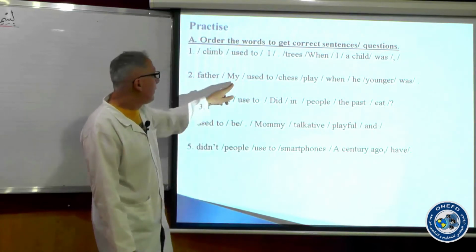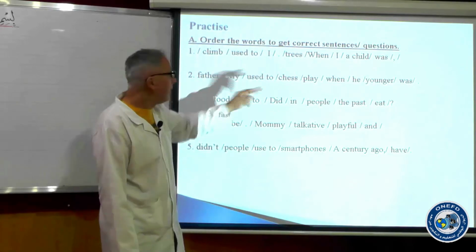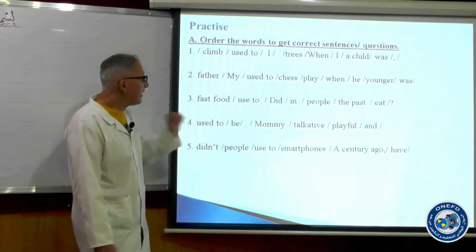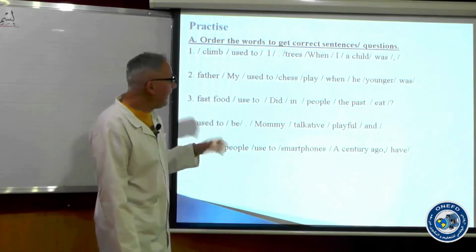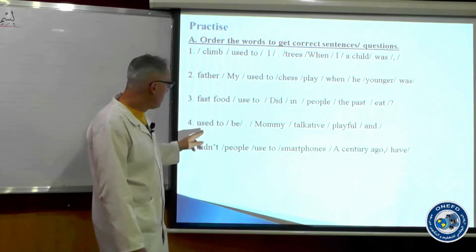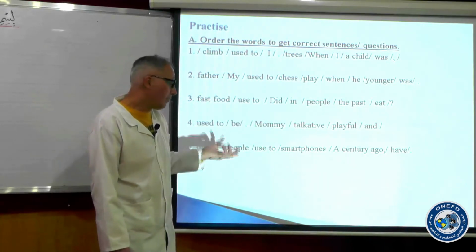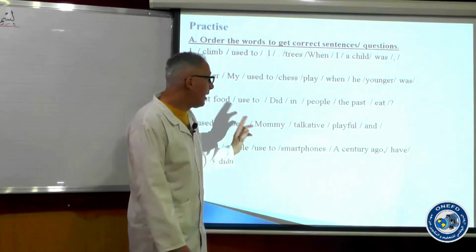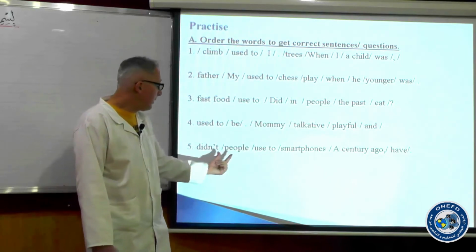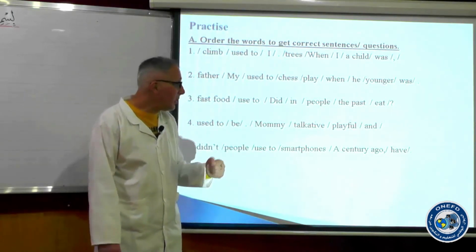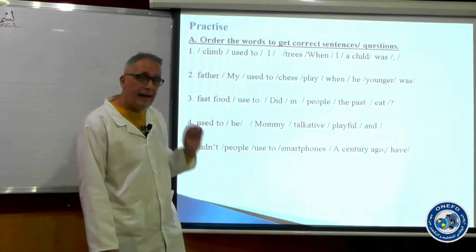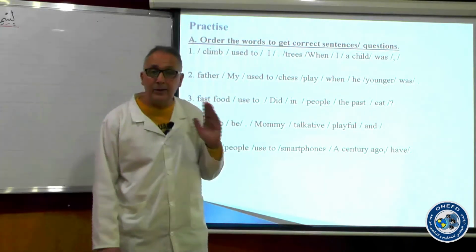Number 2: father, my, used to, chess, play, when, he, younger, was. 3: fast food, used to, did, in, people, the past, eat, and we have question mark. 4: used to be, mommy or my mother, talkative, and we have playful, and the last word is and. 5: didn't, people, used to, smartphones, century ago, with comma, and the last word is have. You think and do the task.